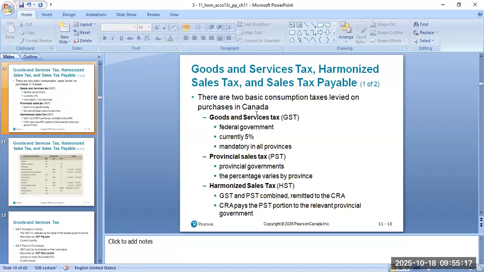In the provinces that don't have the HST, the Canada Revenue Agency pays the PST portion to the relevant provincial governments. Actually, that's on the harmonized taxes. When we have goods and service taxes and provincial taxes, provincial taxes are paid to the provincial level government, and the goods and service taxes are paid to the federal level government, which is the Canada Revenue Agency.